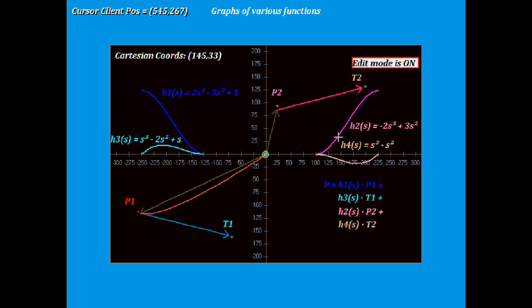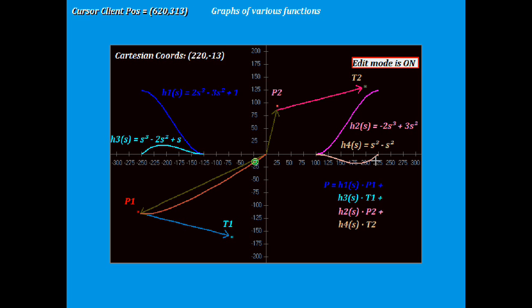But eventually this pink one, this term, becomes steep, and so we should see an increase of speed along this P2 vector. But then eventually this H4 starts to become big in the opposite direction, and so there'll be a pull away from this vector.